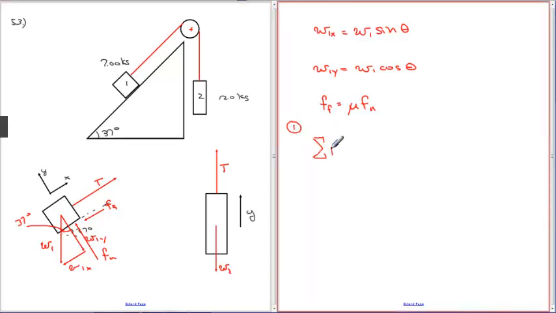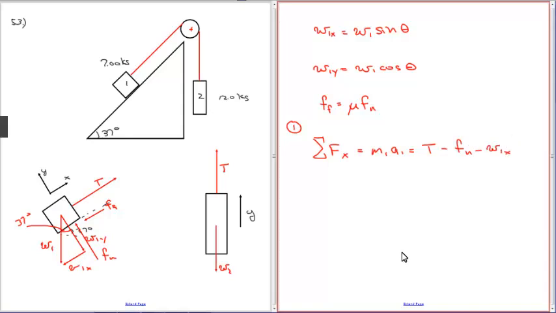Sum of the forces in the x direction: since it's moving, it's equal to m1 times a1. The forces acting in the positive x direction: we have positive T. We have the friction force acting in the negative direction because it's going down, whereas x is going up. And we also have the weight, which is also going in the negative x direction, so W1x.